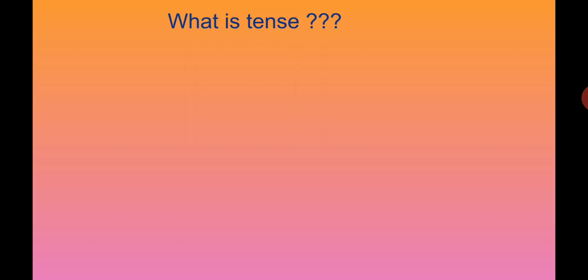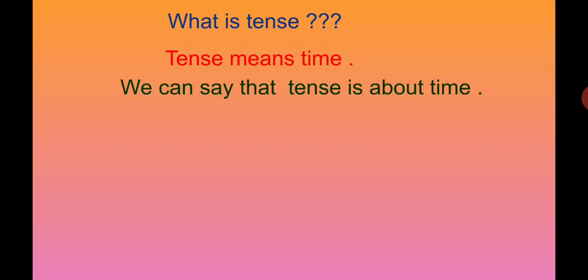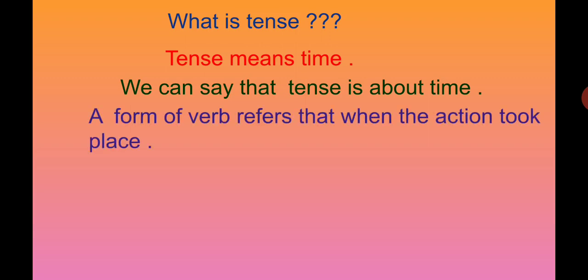What is tense? Tense means time. Or we can say that tense is about the time. A form of verb refers to when the action took place. It means that the tense is always identified by the form of the verb.